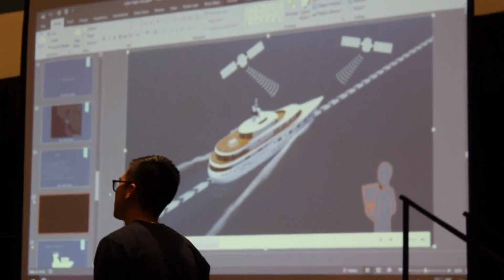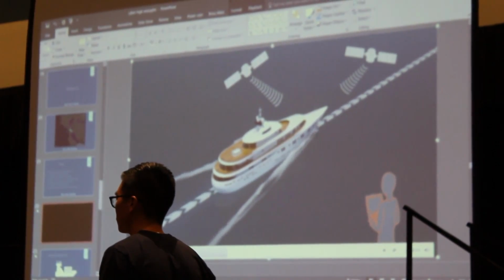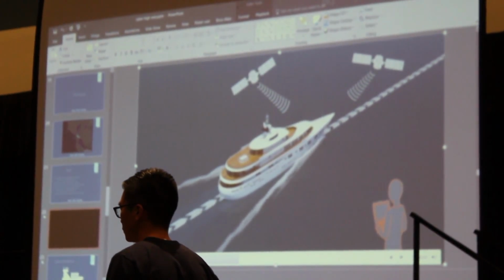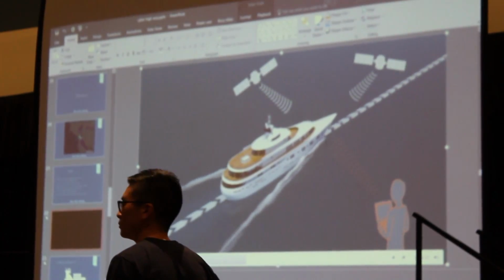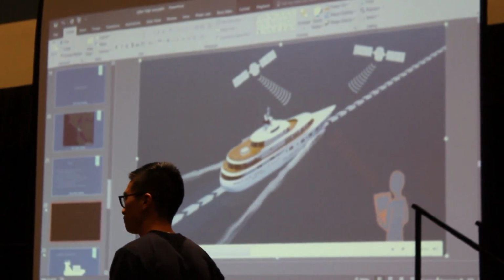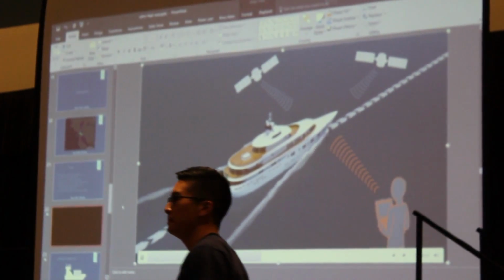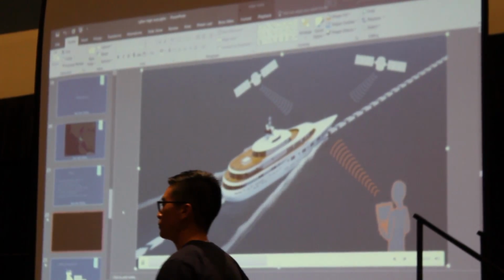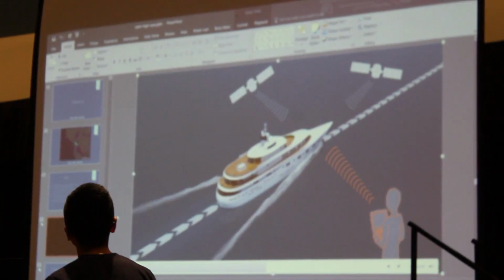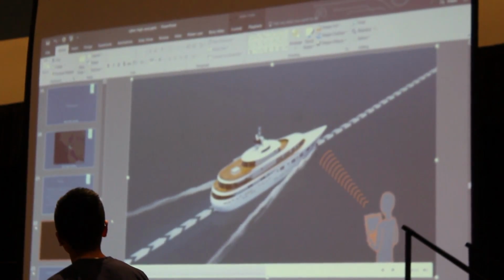A UT student, serving as the attacker, commands the spoofing device to transmit faint counterfeit signals towards the ship's antennas. The attacker increases the power of the spoofing signals until they are stronger than the satellite signals, gaining control of the ship's navigation system. The takeover is stealthy.